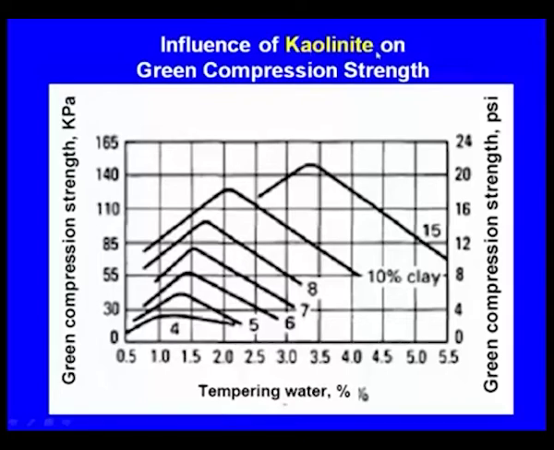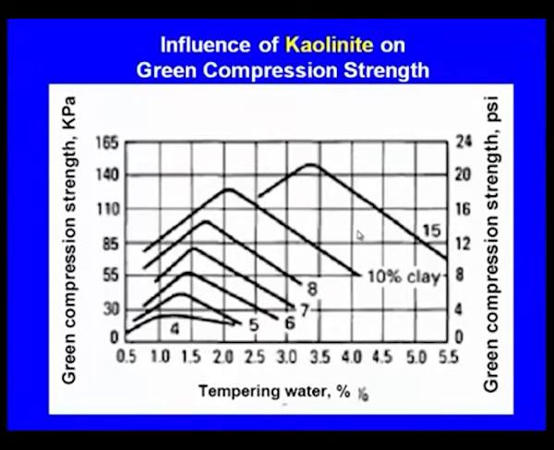Next one, influence of kaolinite on the green compression strength. This is another binder. Now let us see, the x axis is the tempering water and the y axis is the green compression strength, and different curves are there, each curve representing a particular clay content.